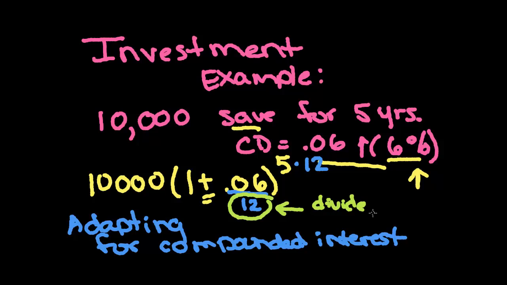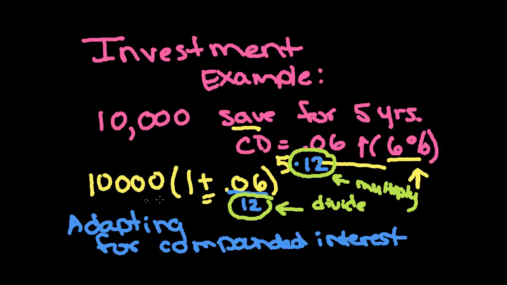If it's daily, you divide by 365. And then whatever you do here, you have to multiply up here by that same value, because you have to change the periods to match the fact that you've now broken your interest rate down to per day. So you have to then look at the number of periods, which is the number of days in that period rather than the number of years.